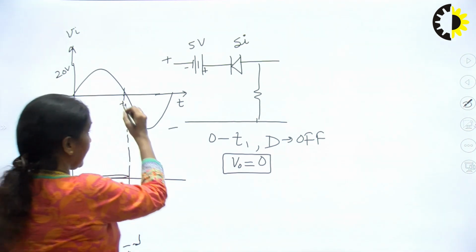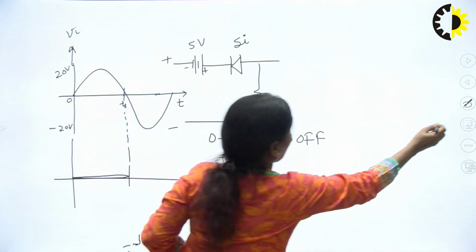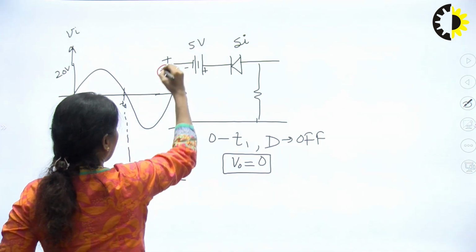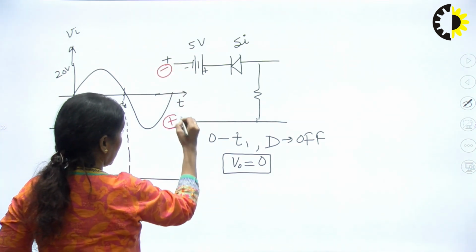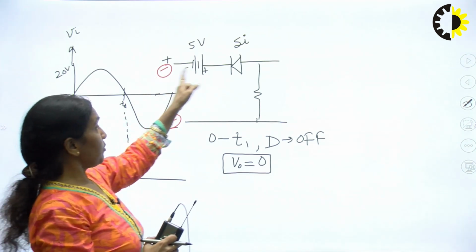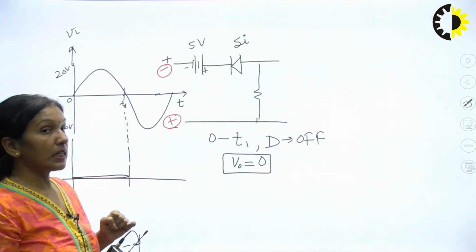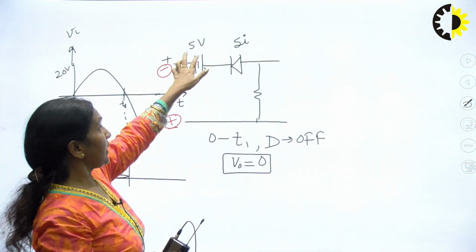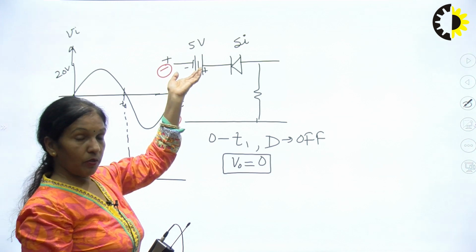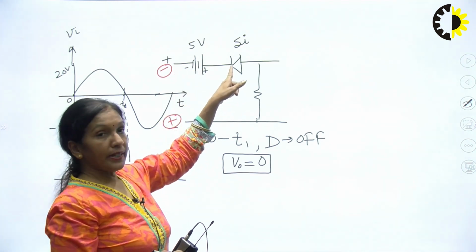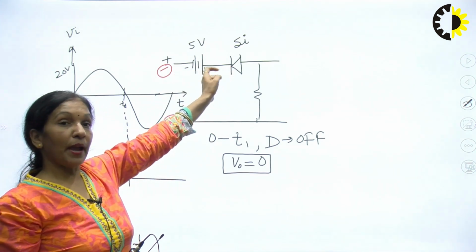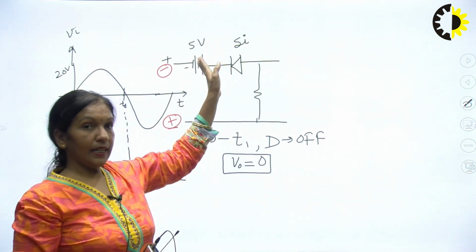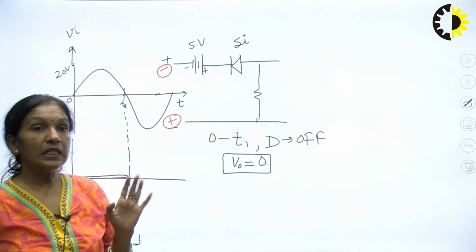Now, coming to the negative half cycle. During the negative half cycle, this terminal will be at negative potential and this will be at positive. So, this negative will try to make your diode forward biased, but what will be the transition voltage? We can see that 5 volts is required to overcome this 5 volt battery, and also 0.7 volt is required to overcome the barrier potential or the depletion region of this diode, because in this case we have considered the diode as a silicon diode.